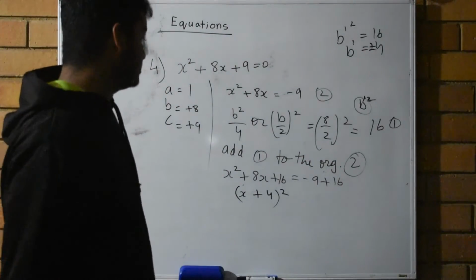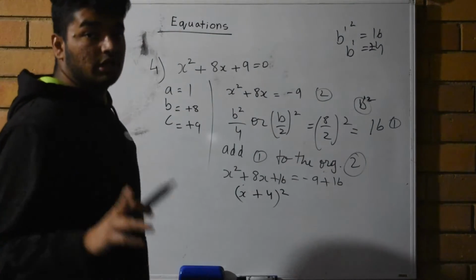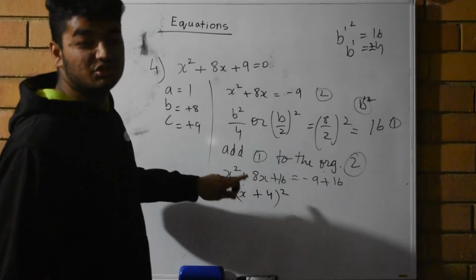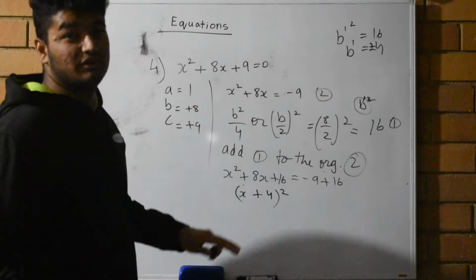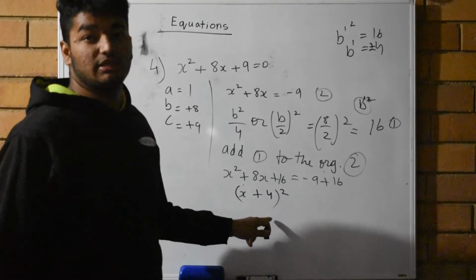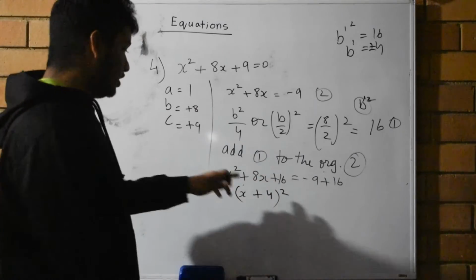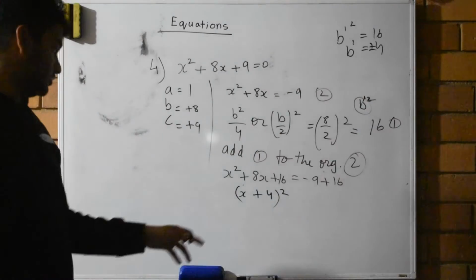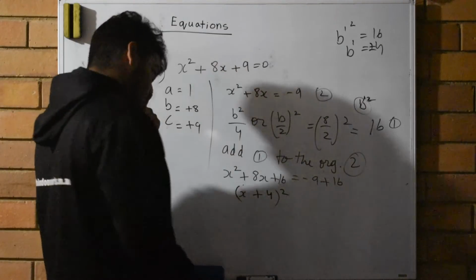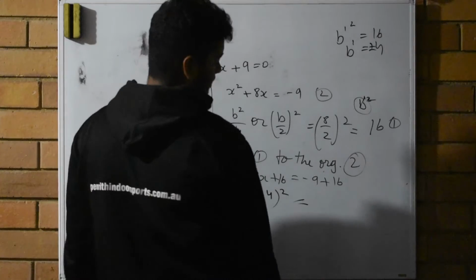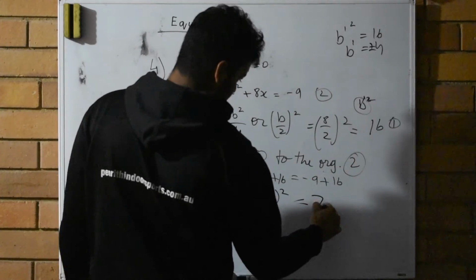But we're going to use the plus in this case because the sign in front of the original b is positive. So you know that this is definitely going to be positive because both are positive. If either one of them was negative, you'd know that this is negative. And here, negative 9 plus 16, that is 7.